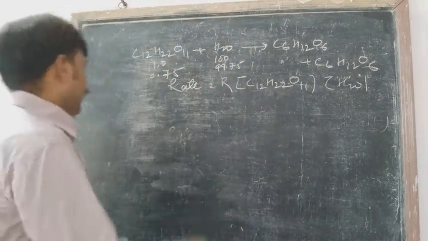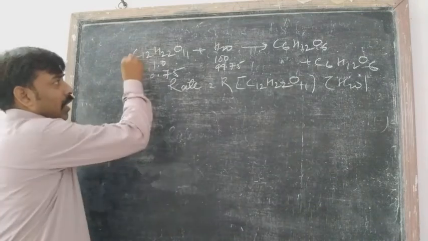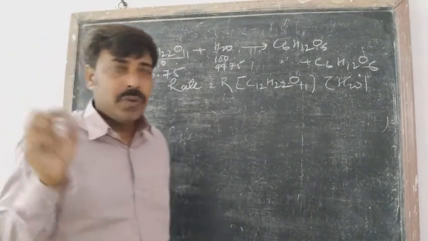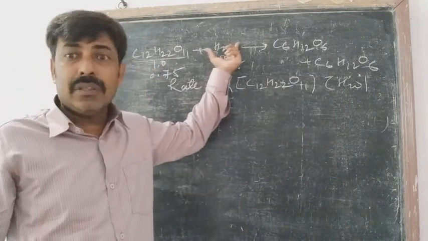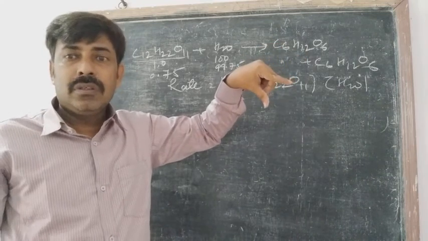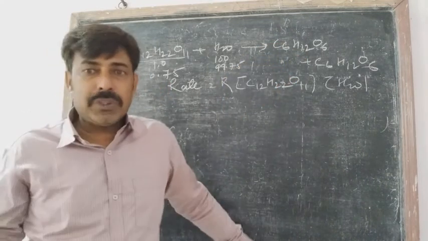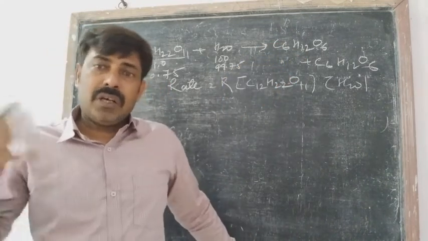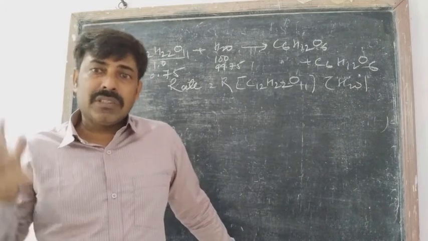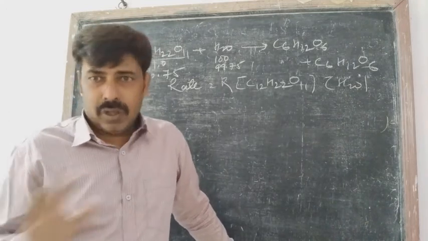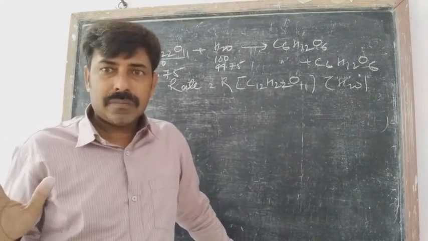And even when the reaction completes, the concentration of sucrose remains 0, the concentration of water remains 99 moles. So you can say during the proceeding of the reaction, the concentration of water remains almost constant. That is not constant, that is almost constant.